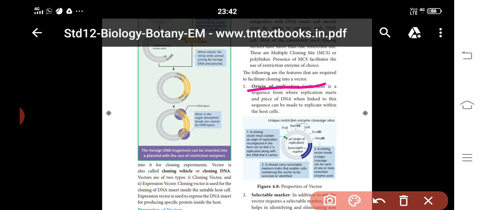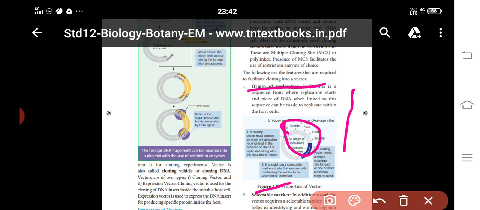Next one is a selectable marker. First, the origin, ORI. Origin means ORI. It is where replication starts, and the DNA fragment linked to it starts replicating.